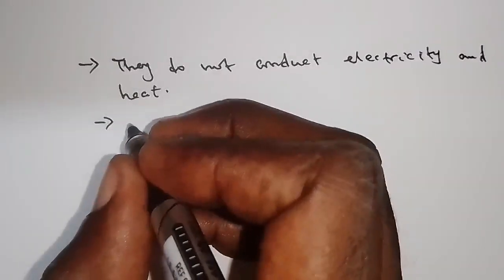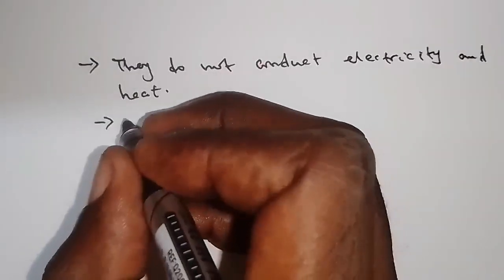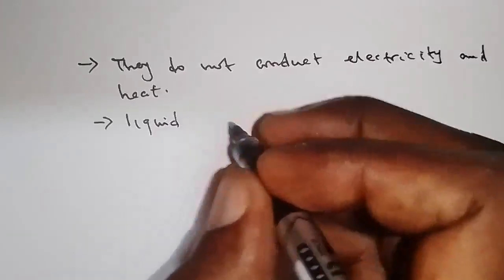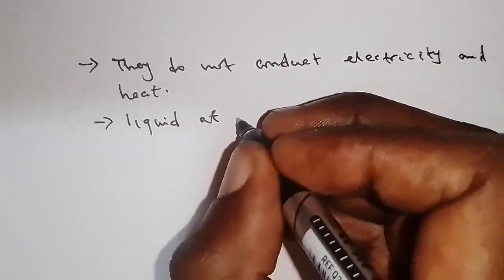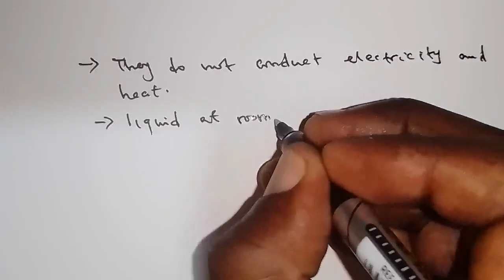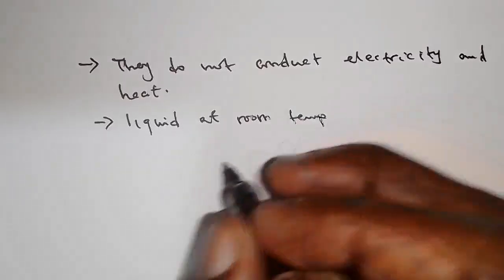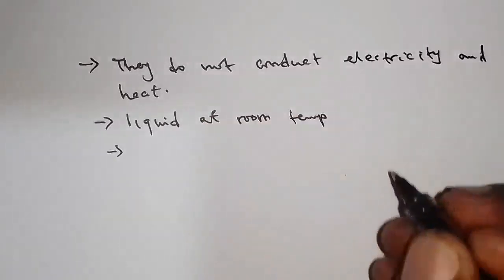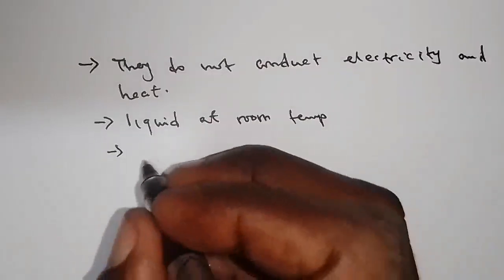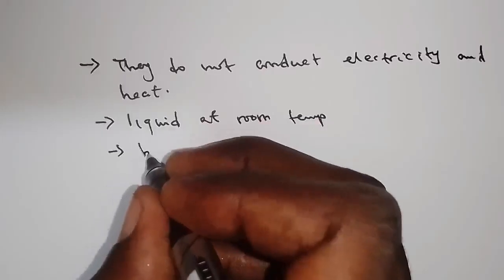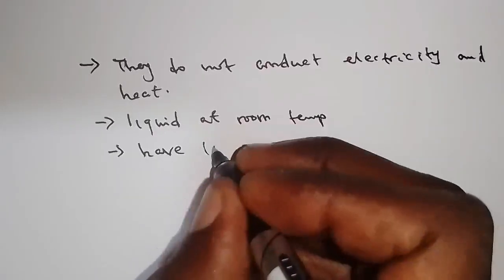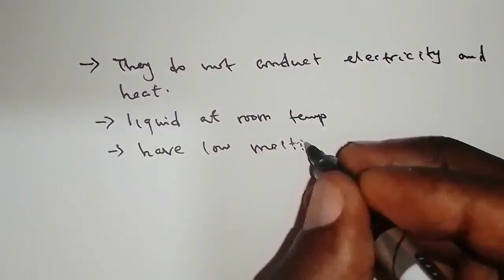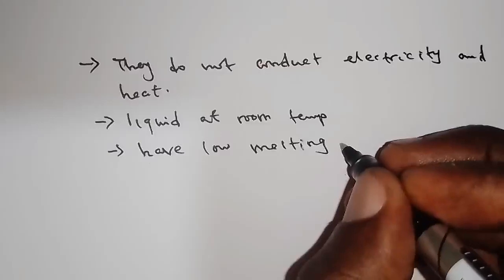And some of them are liquid at room temperature. So we are saying they're bad conductors of electricity and heat, and they have a low melting point.